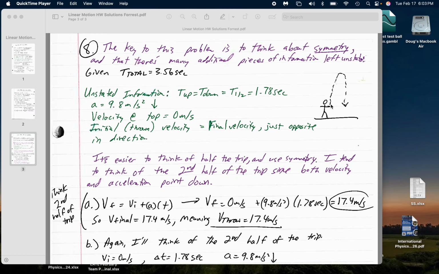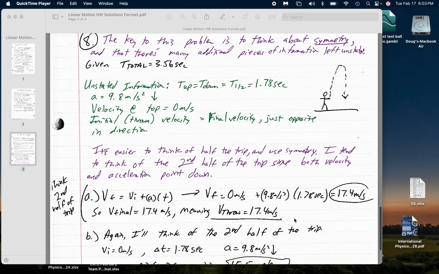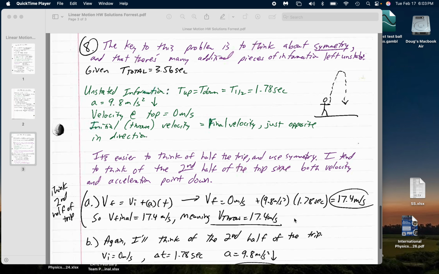Well, the speed with which the ball is thrown is the same as the speed at which it's caught. So if I think of the second half of the trip, my initial velocity up here at the tippy top is 0. It's accelerating at 9.8 meters per second every second for 1.878 seconds where it's falling down. So that means it's caught at 17.4 meters per second. So the throw is 17.4 meters per second.